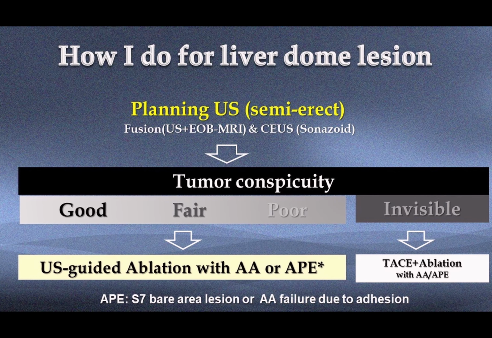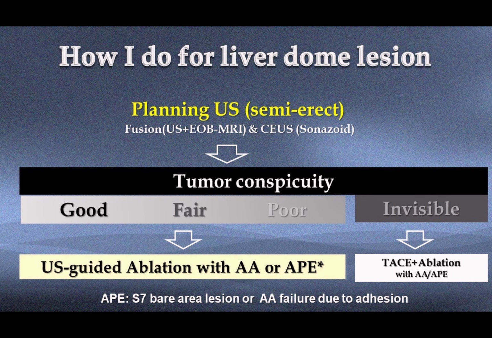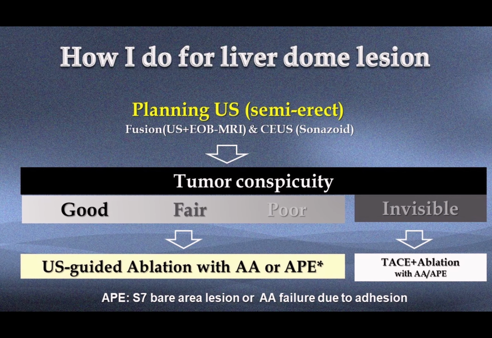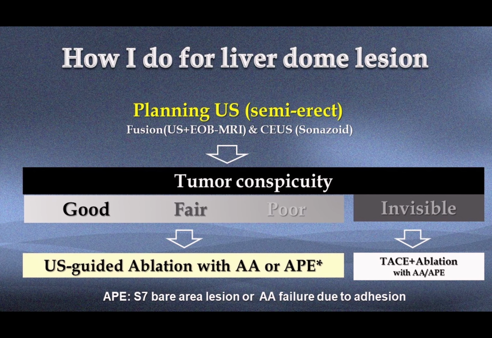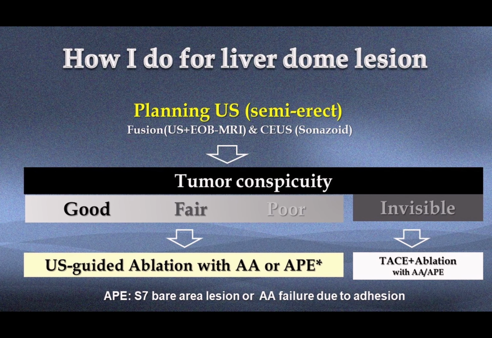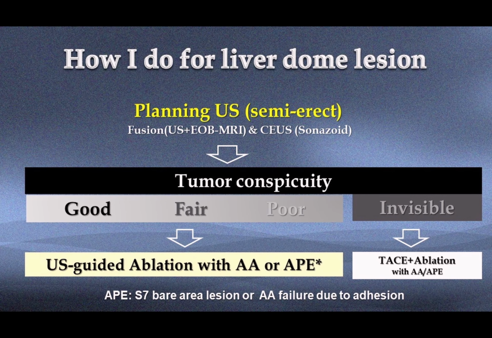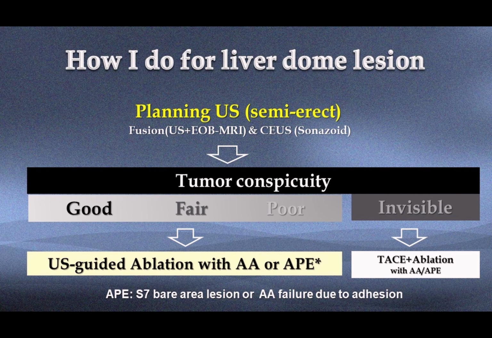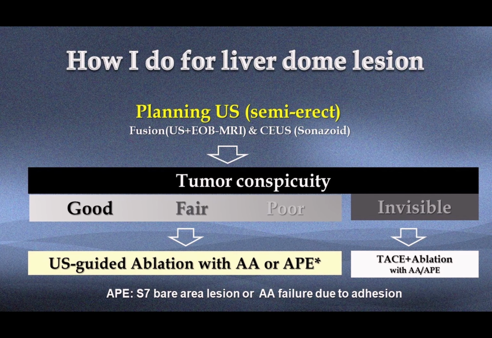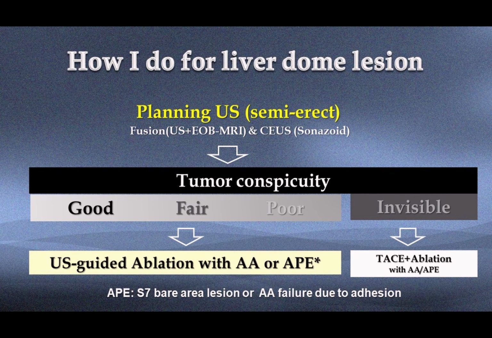This is a summary of how I do liver dome ablation. I do planning ultrasound for all patients referred for percutaneous ablation. In most cases, I use fusion, and sometimes I add contrast-enhanced ultrasound with EOB MRI. If the conspicuity is fair or poor, at that time I add CEUS.